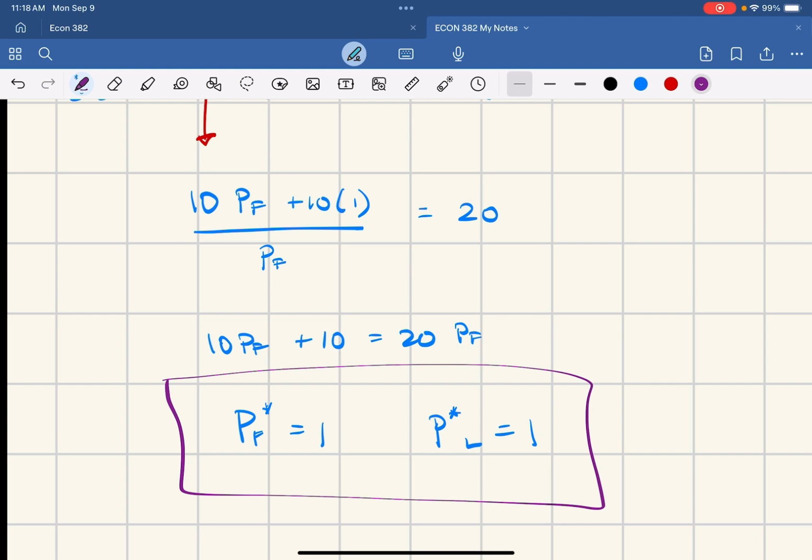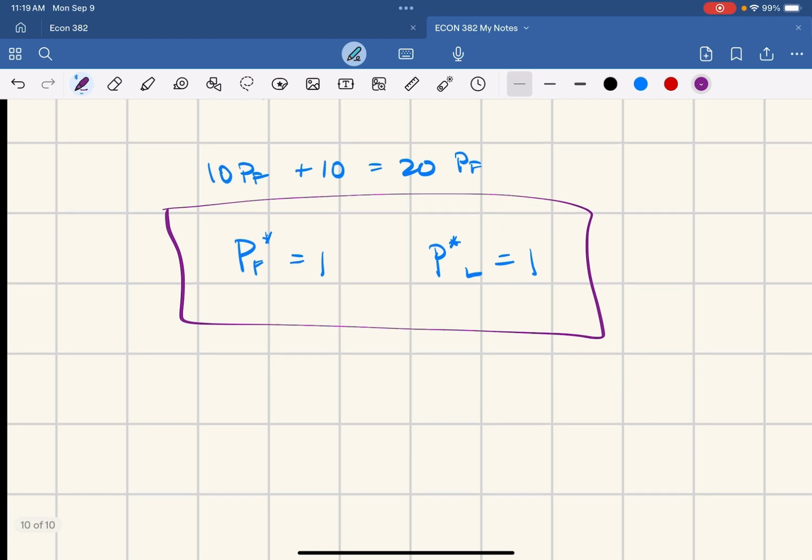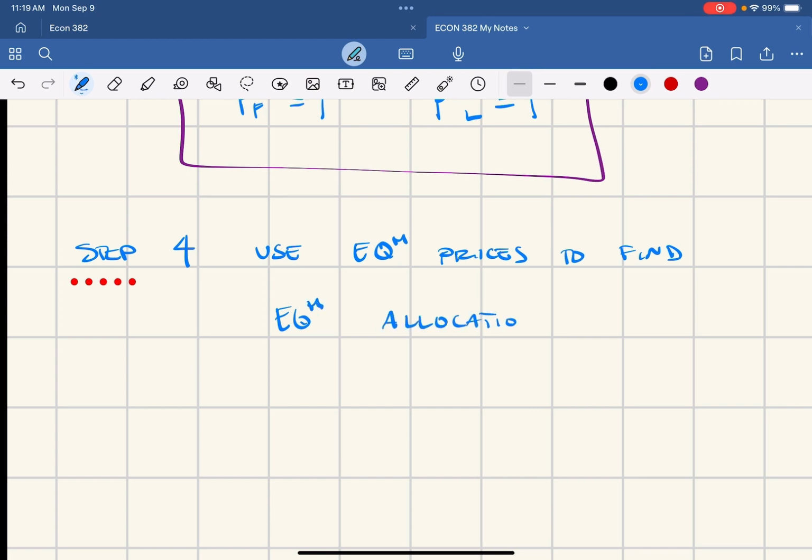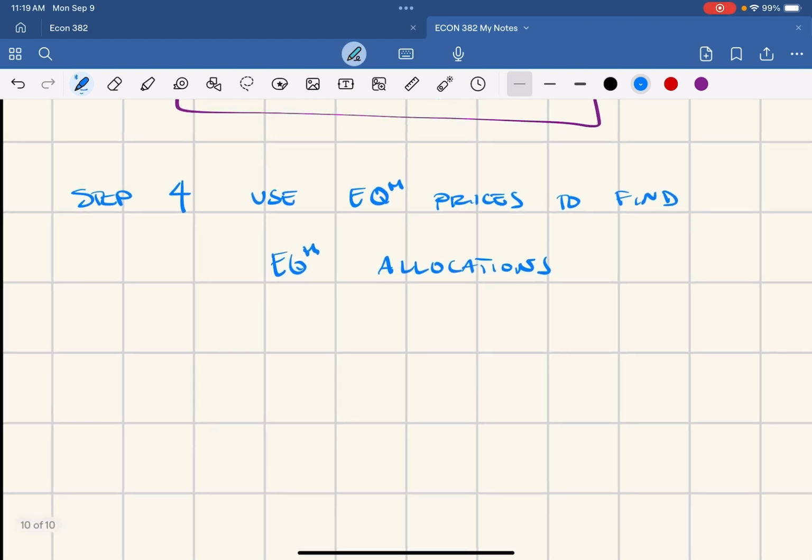So this is the optimal price within this exchange economy of how much it's going to cost for each fig and each leaf. Now that we have those optimal prices as specific numbers, we come to step 4 and we use equilibrium prices to find equilibrium allocations, which means we take the demand from Adam and Eve.